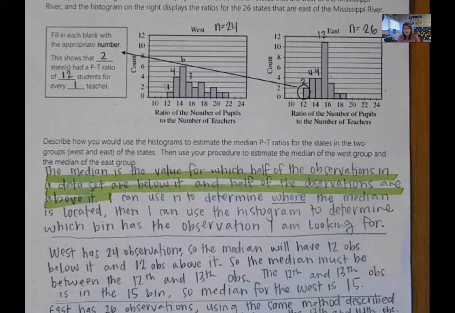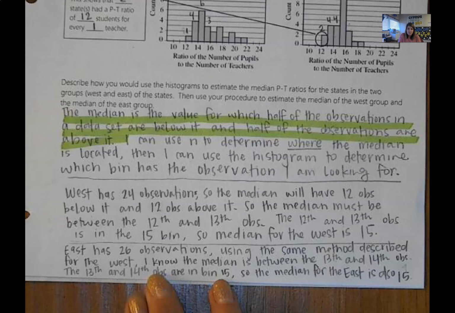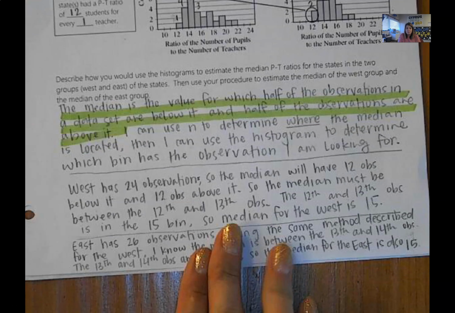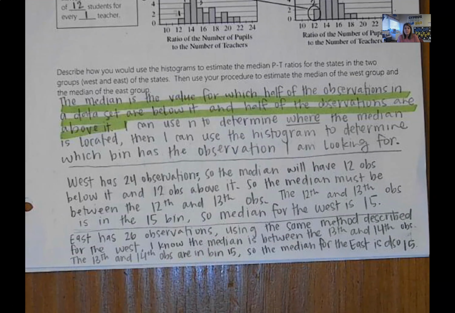So now I describe how I'm going to do that. I can use N, the number of observations, to determine where the median is located. Then I can use the histogram to determine which bin has the observation I'm looking for. For the West, it has 24 observations, so the median will have 12 observations below it and 12 observations above it, half of the data set.